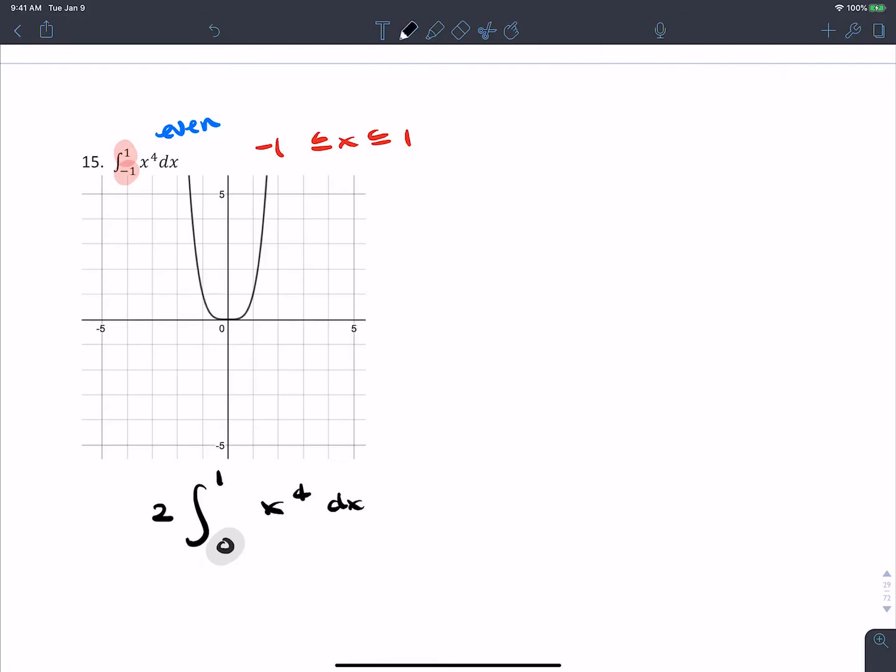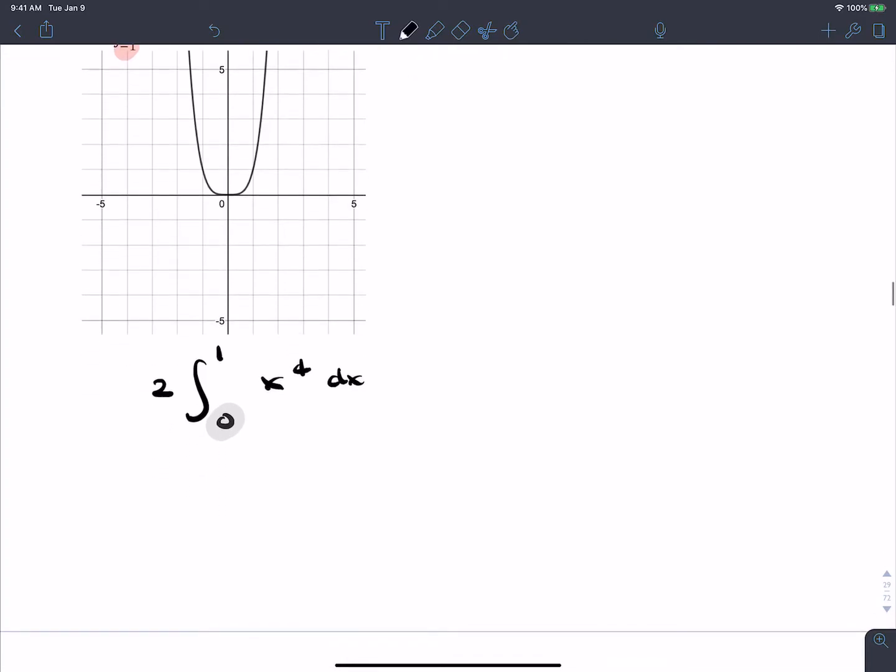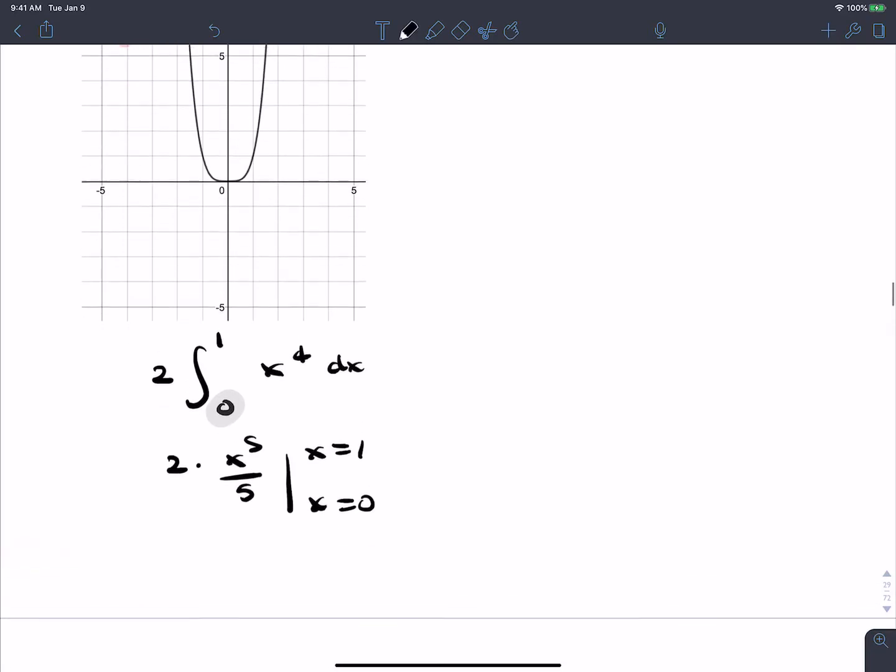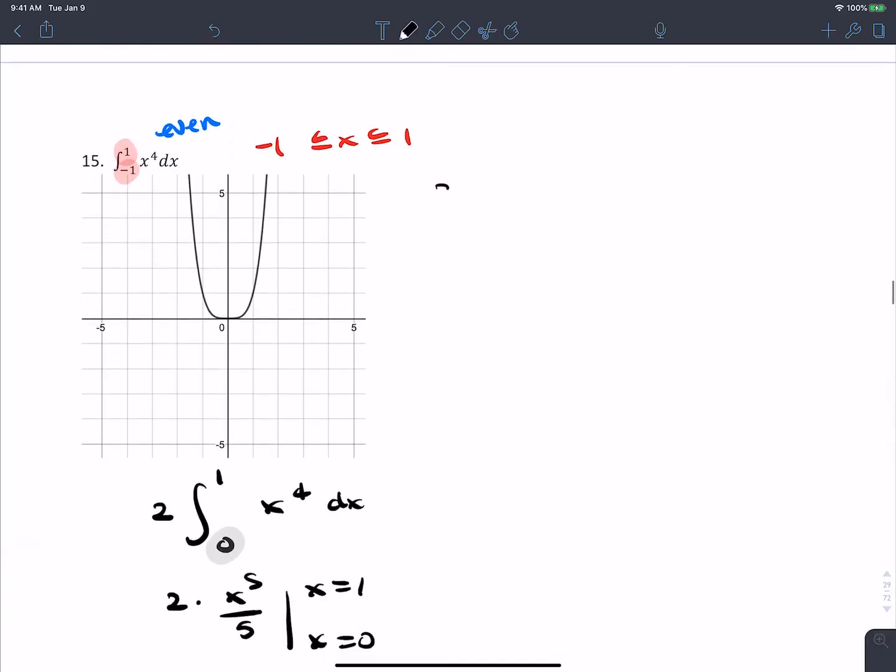So we know, by the fundamental theorem of calculus part 2, since our function is continuous over the interval, find the antiderivative. It's x to the 5th over the 5th power. x is 0, x is 1. This will now give us 2/5 x to the 5th.